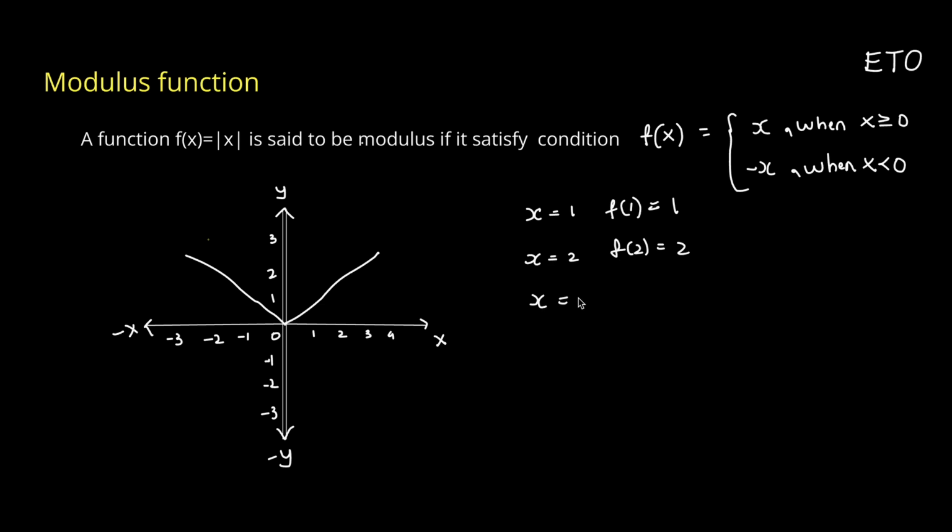When x equals minus 1, y will equal minus of minus 1, which gives 1. Similarly, when x equals minus 2, f of minus 2 will equal minus of minus 2, which is equal to 2. So by this, we can tell that the modulus function always removes the negativity of a value.